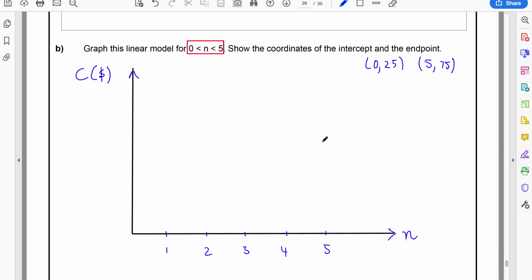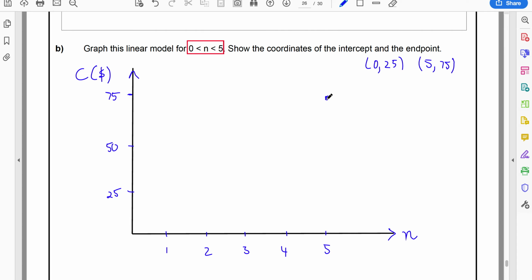So once you've got the ends of the graph, then we can start to put it in. So if I call that 75, then I can just maybe go up in thirds again. So 25, 50, 75.